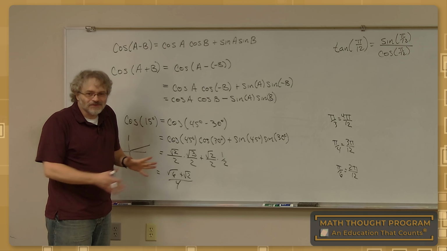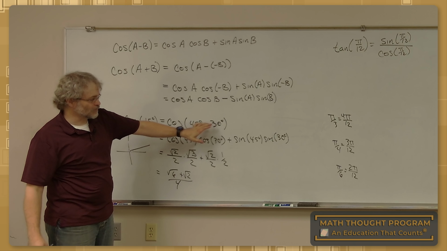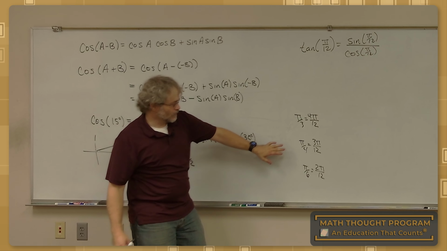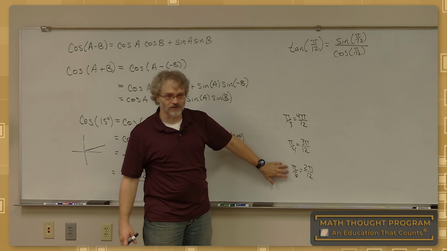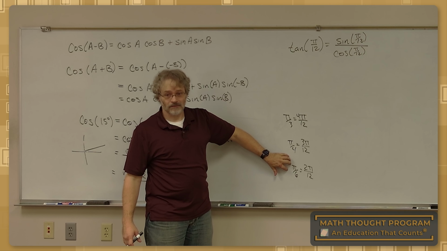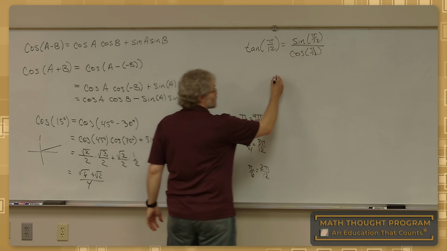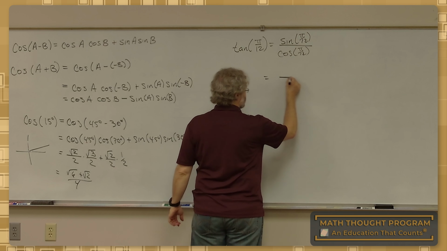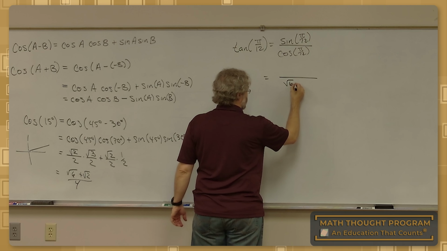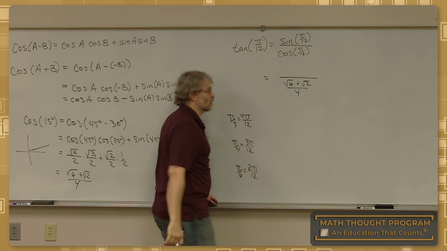It's a little hard to see because it's in terms of degrees, but if you take a 45 minus a 30, what do you get? Pi over 12. So cosine pi over 12 is going to correspond to root 6 plus root 2 over 4.